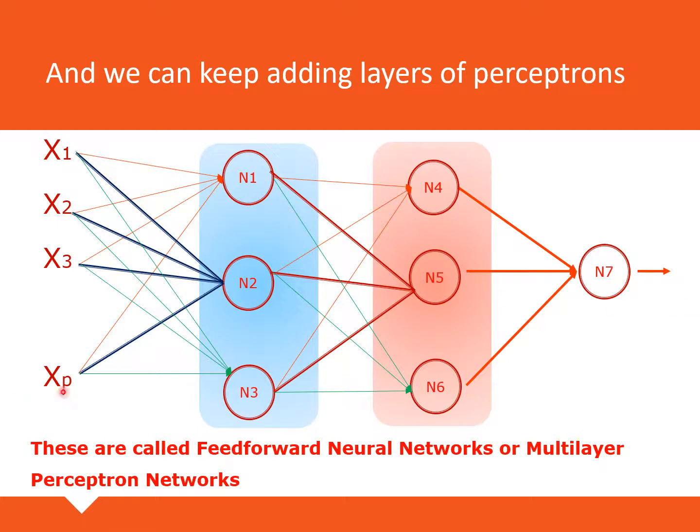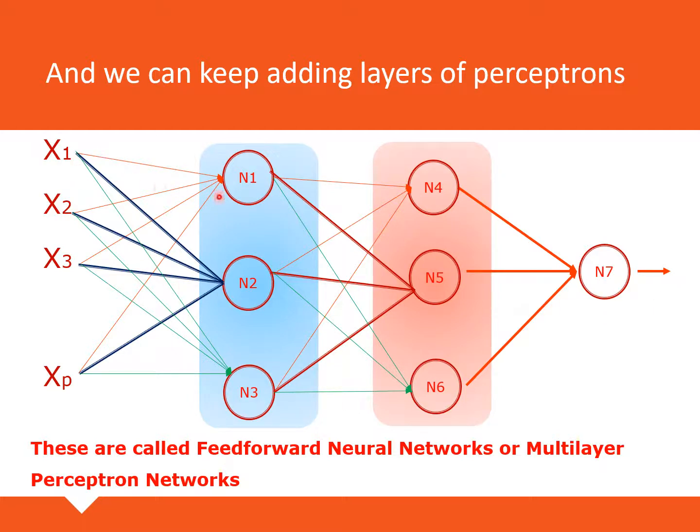So it starts from the input features x1, x2, xp at the left hand side, and then from there this information is fed into the first layer perceptrons. These perceptrons do some computation, some decisioning, and then they pass on their decisions or information to n4, n5, n6, and then they do some decisioning, and then finally their decisions are combined by the terminal perceptron n7 to give the final decision.